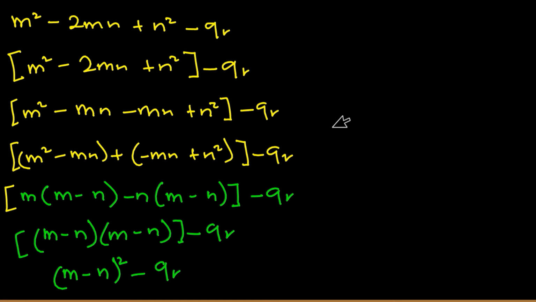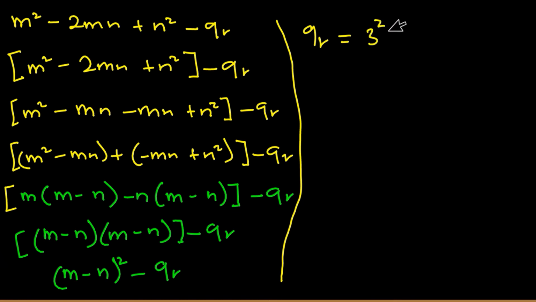And note that this 9r could also be written as 3 squared times square root of r all squared. Right.